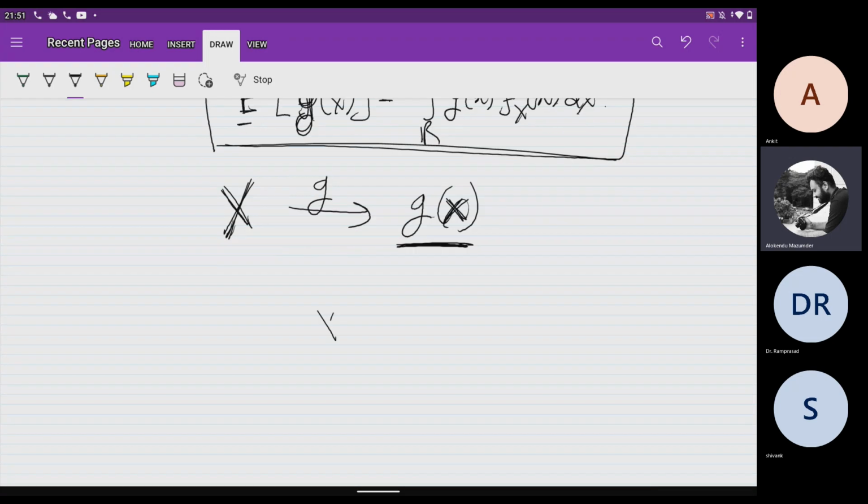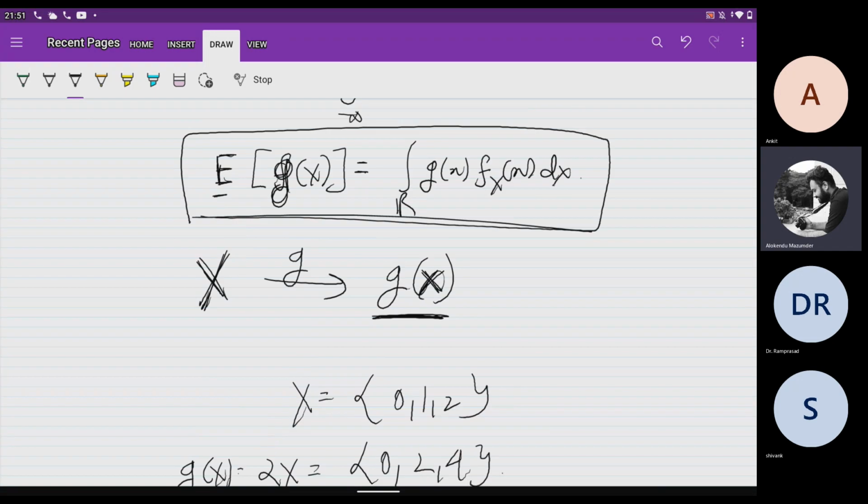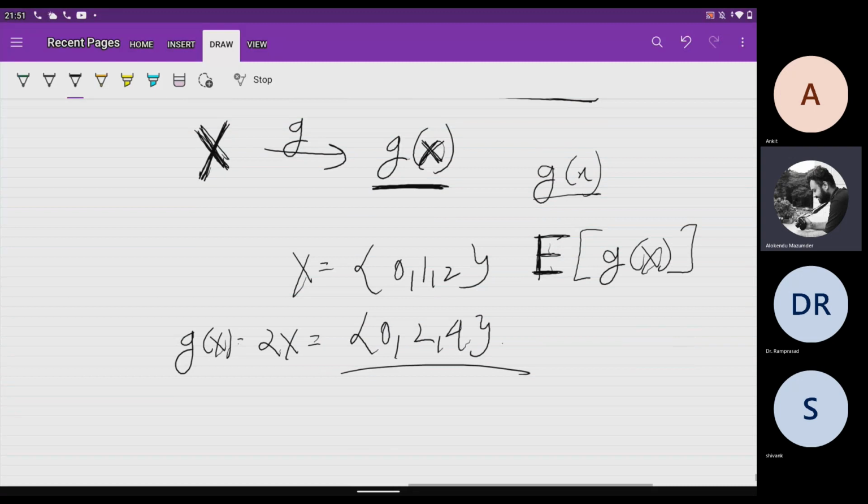So let's say that I have a random variable, the number of heads in 2 tosses. I define another random variable 2x. Let's say g of x is equal to 2x. Now I don't want to compute the expectation of x, but the expectation of g of x. Expectation is a particular operator, so if I want to compute the expectation of g of x, I will just write the integral of g of x times the PDF of x.